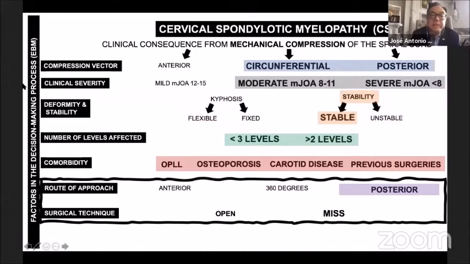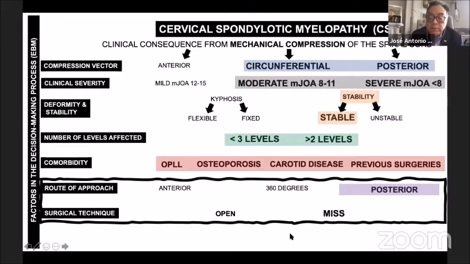In this sense, the evidence-based medicine favors the posterior approach in patients with circumferential or posterior compression vector and patients with moderate to severe myelopathy without kyphosis, preferably without instability, sometimes with a little bit of instability. The number of levels affected doesn't matter, and it is ideal for patients with comorbidity such as OPLL, osteoporosis, carotid disease, and previous surgery.